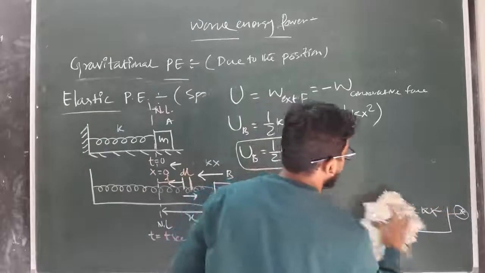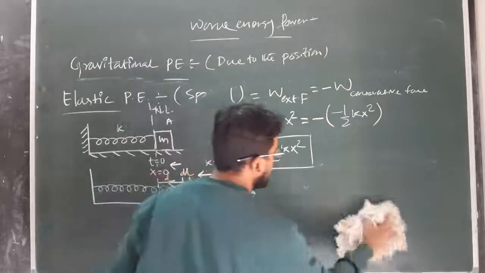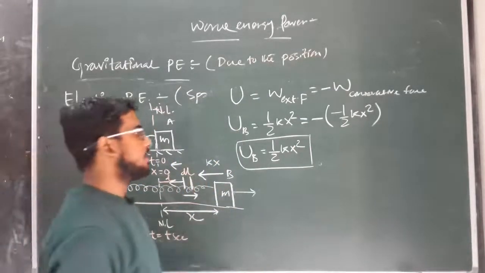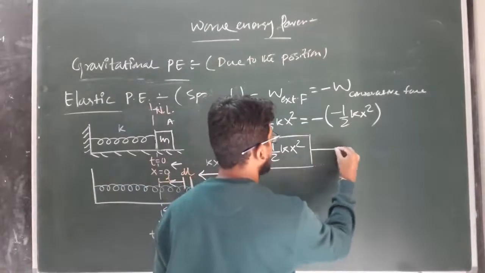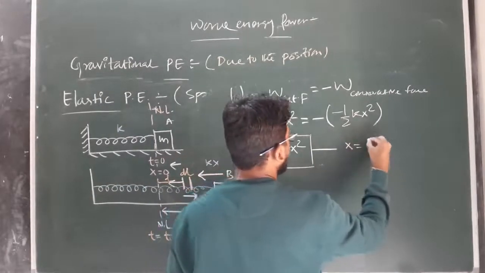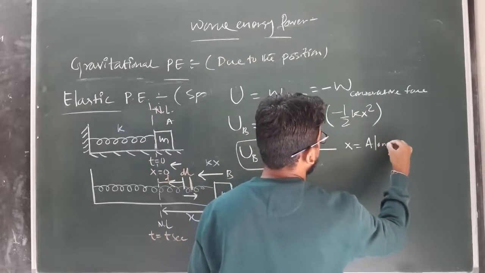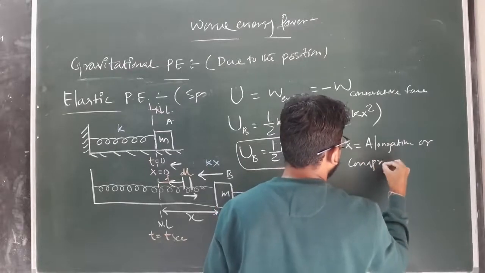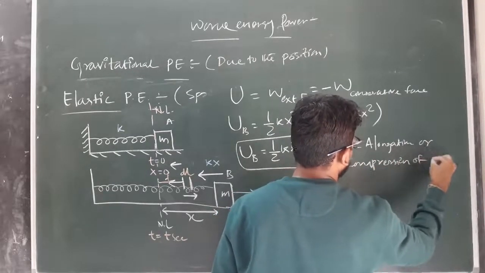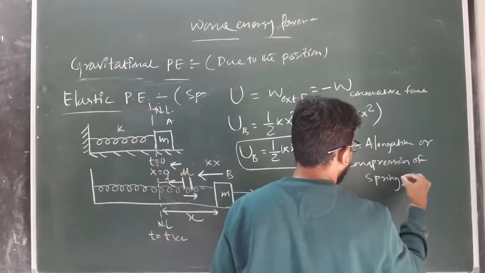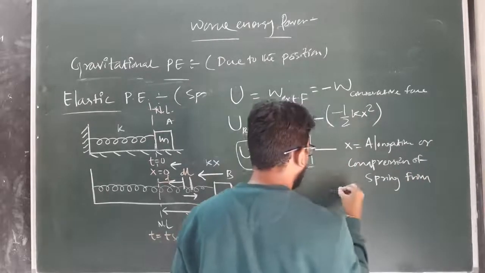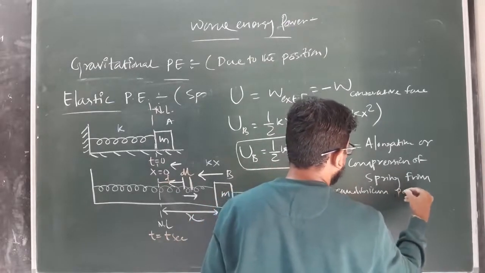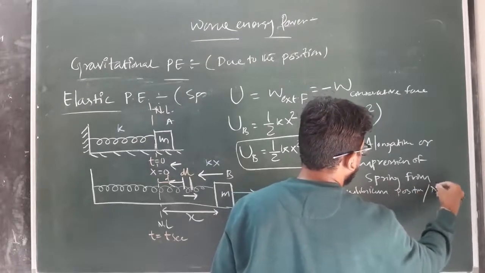So this is the expression for potential energy stored within a spring due to change in its size, shape or configuration. That's why this potential energy is known as what? Elastic potential energy. And here x is what? Elongation or compression, both, from equilibrium position or natural length.